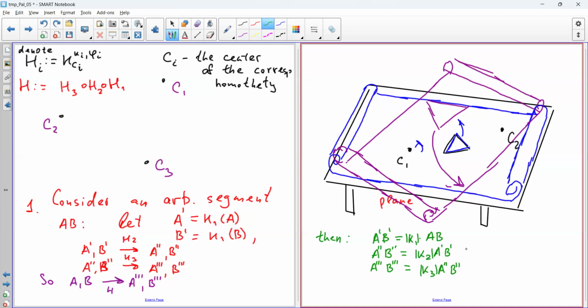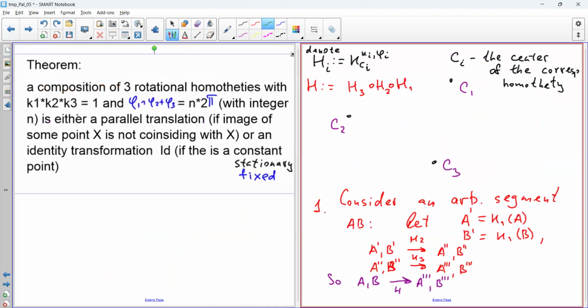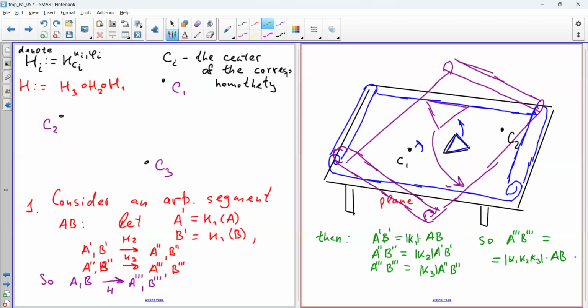There is no issue with that. So we can say that A triple prime B triple prime equals the absolute value of K1 K2 K3 times AB, which under the conditions of the problem is just 1. The product of the coefficients is 1, times AB, so it's AB.